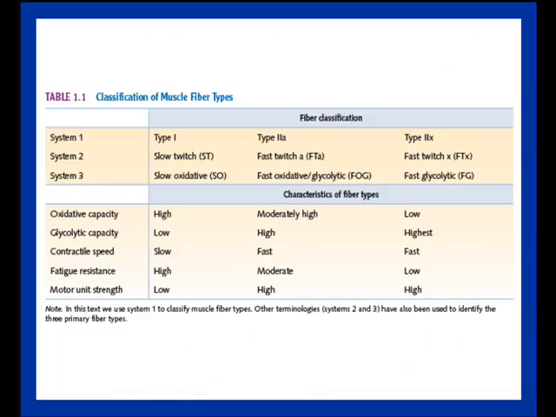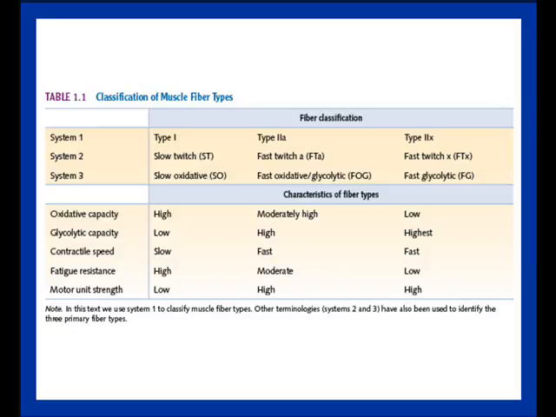In terms of classification of muscle fiber types, again, you've probably seen something like this before: type 1, type 2A, the intermediate, and type 2X. This is what we call them, systems in terms of their characteristics. Obviously the type 1 goes really fast, a high oxidative capacity, low glycolytic capacity, contractile speed is obviously slow, fatigue resistance is high, go all day, right? Endurance athletes have a lot of these, and their motor unit strength is low.